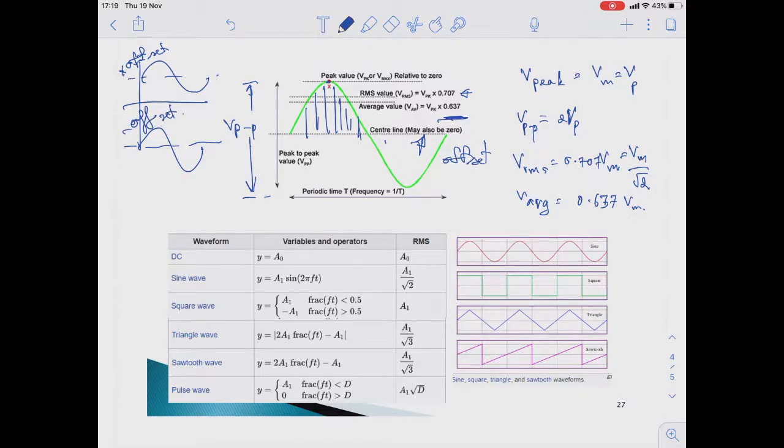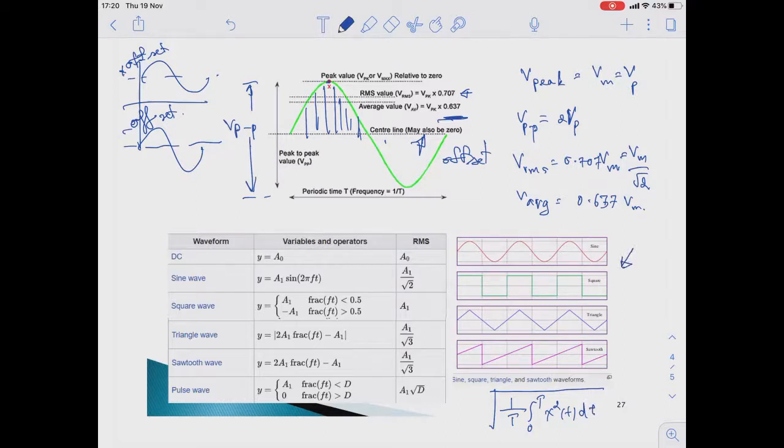So to find the RMS value, we use the same formula, which is, if you have x of t, then the RMS value is square root of 1 over T, integrate from 0 to T, of x square t dt.